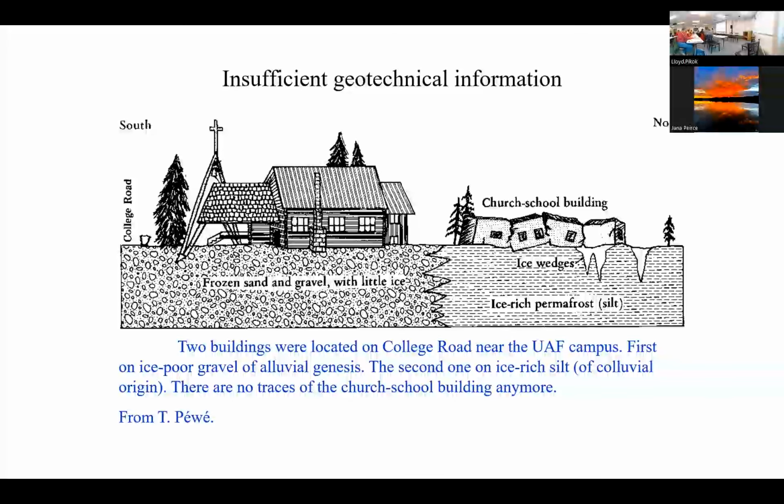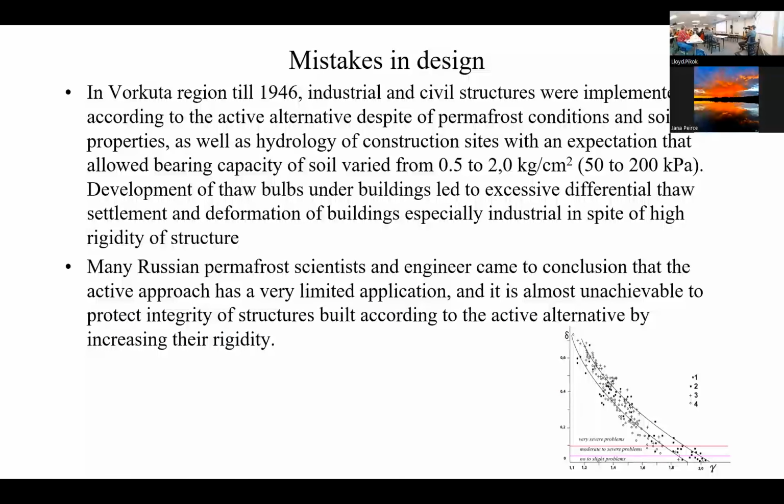And of course, there wasn't information, and everyone, if trying to find geotechnical information, first of all looks for the main building, the church building, and spreads this information over the entire land. That's an example of insufficient geotechnical information during construction.